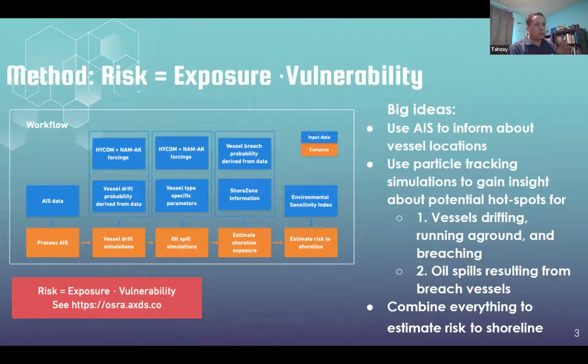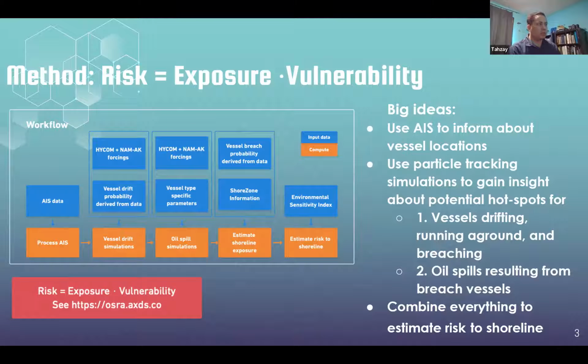And once they landed on land, wherever that happened to be, then you have this oil spill simulation component of it. And then from there, you went on to looking at, okay, well, once the oil is spilled, what's the actual exposure to that? And then we can estimate the risk, where risk is equal to the exposure times the vulnerability that's associated with that.